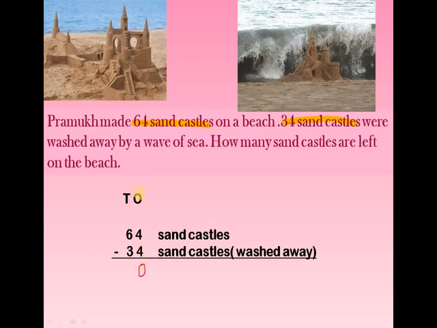Go on. Tens. Very good. So tens number is 6 minus 3. So observe, the top number is bigger, so we can subtract it. 6 minus 3 is 3.